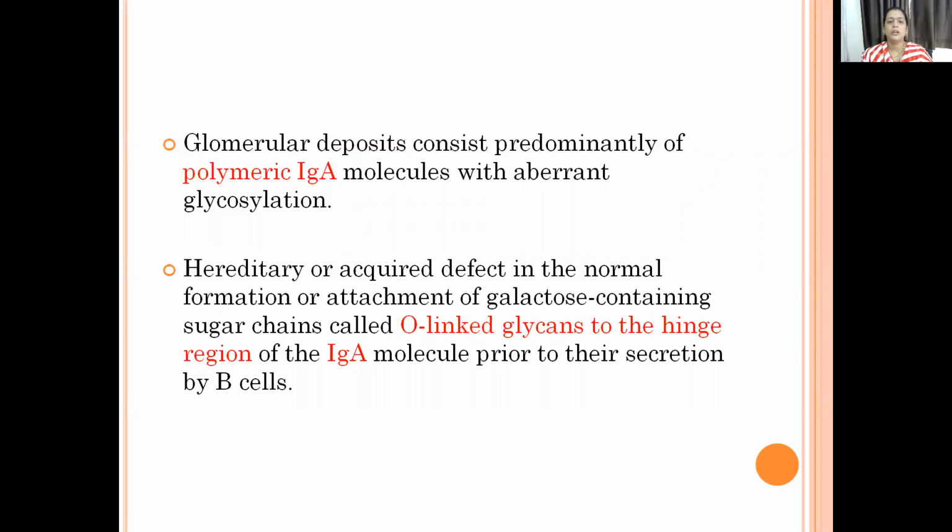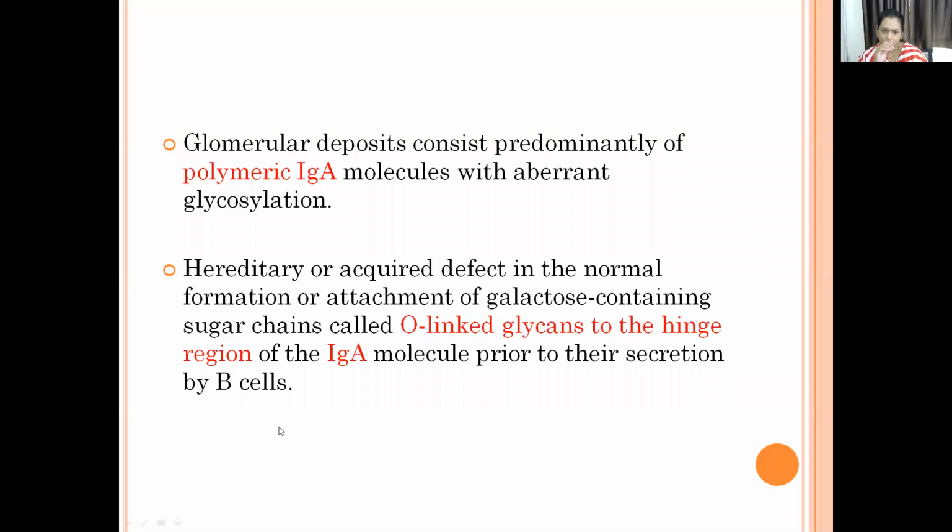Whenever you are not aware of the bad circumstances around you, you get accumulated, unknowingly or knowingly. So there is deposition of polymeric IgA molecules with aberrant glycosylation. There is an abnormal linkage of a sugar chain called O-linked glycans to the hinge region of the IgA molecule prior to their secretion by the B cells.